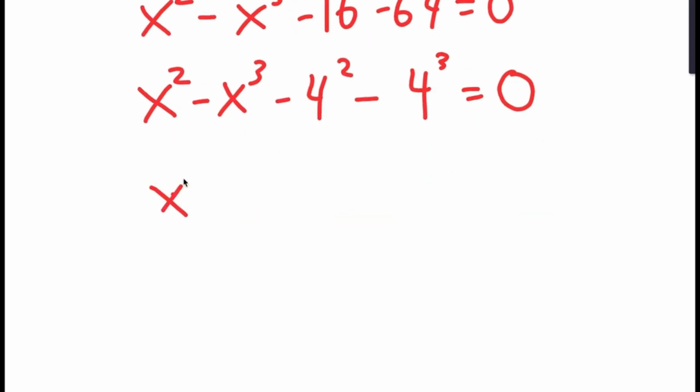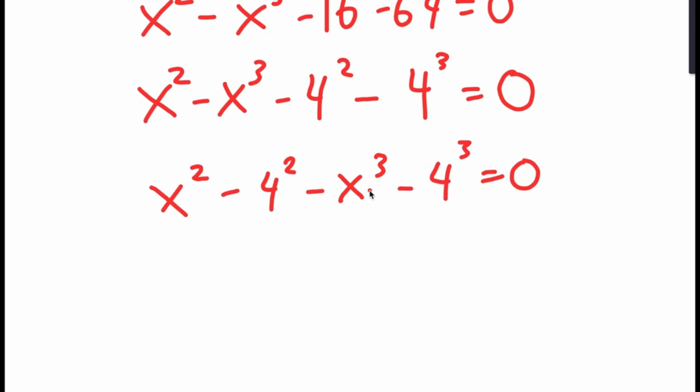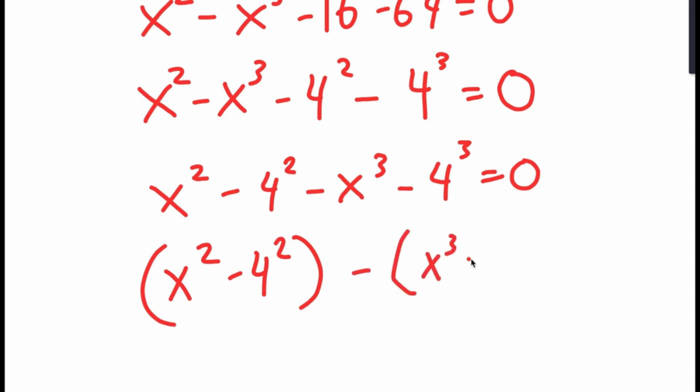And I'm going to group x squared with negative 4 squared and x to the power of 3 with negative 4 to the power of 3. So now there's two properties that I'm going to use. Before that, I'm going to write this as x squared minus 4 squared, and I'm going to group this minus x to the power of 3 plus 4 to the power of 3. We put this plus because this negative sign distributes.